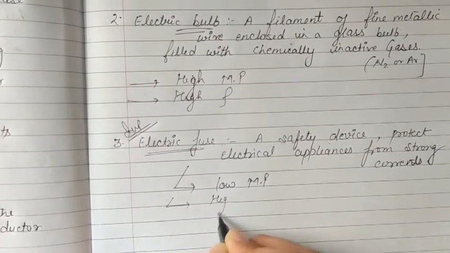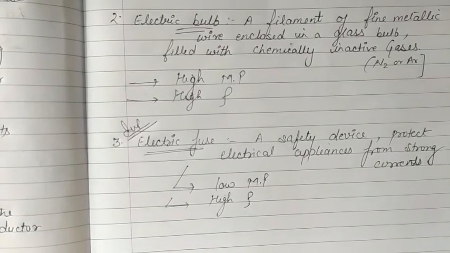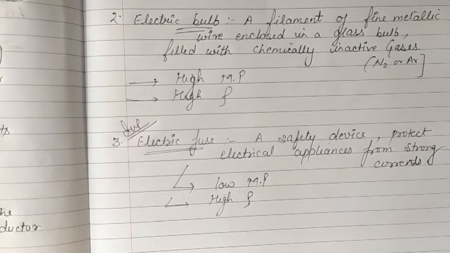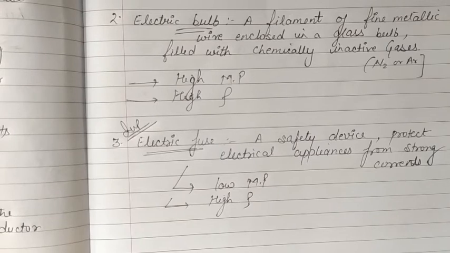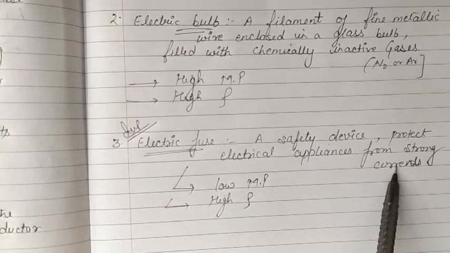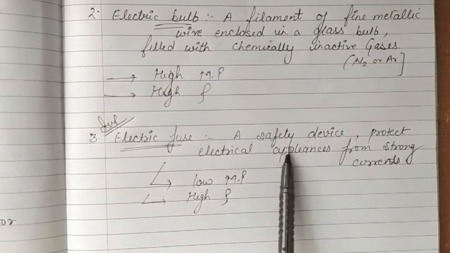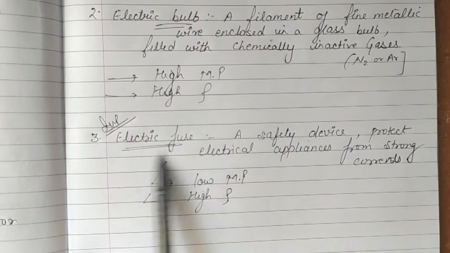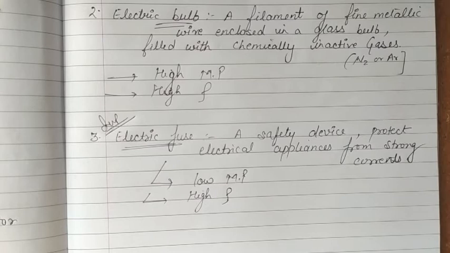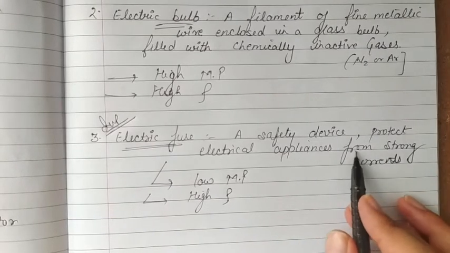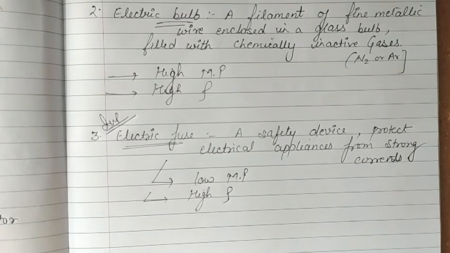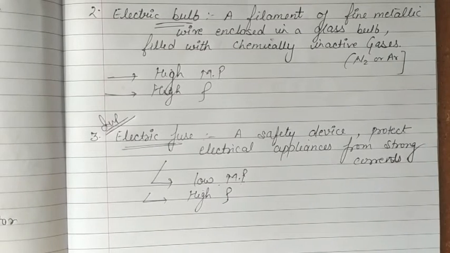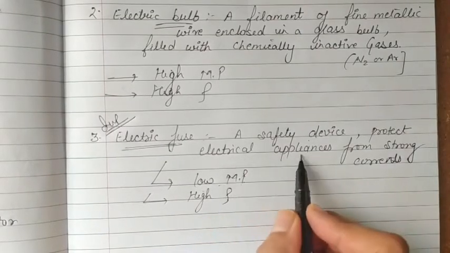The reason for the low melting point is that whenever a large amount of current flows, like due to short circuiting or some other reason, and our electrical appliance cannot bear that much current, we have already put a fuse between the electrical appliance and the source. So when a very large value of current comes, the fuse wire, because of its low melting point, gets melted and breaks the connection, due to which the current stops there and does not reach the appliance.